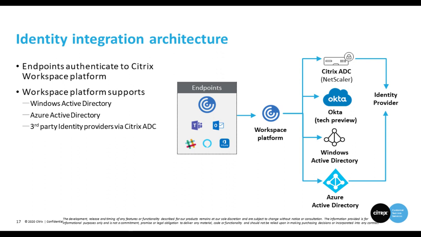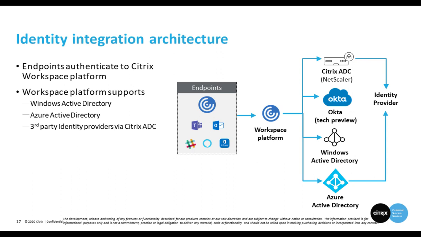Each one of those is effectively its own identity provider, so we'll leverage any one of those identity providers. In this case, you'll see in the slide, Windows Active Directory, obviously the most prevalent, Azure Active Directory, and then we run into Okta if you had to stack rank them. But because of the way that we're having the user authenticate to Workspace, we already understand what their identity provider is, so we can leverage each one of these.